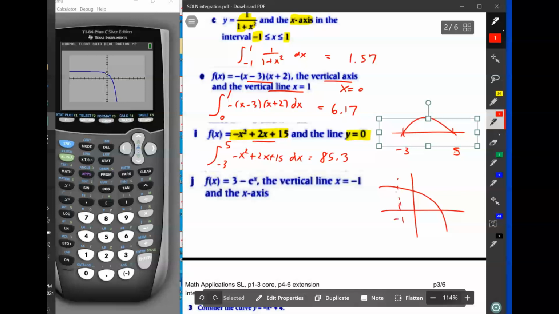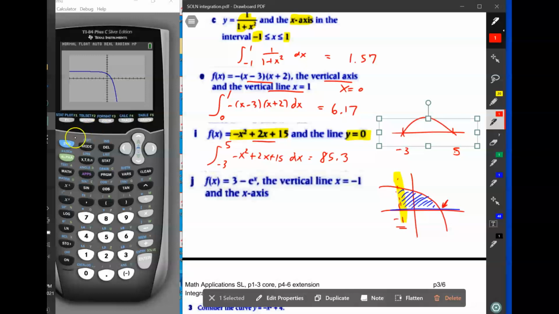So basically I want this area between x equals -1, which is this yellow line, the red curve, and the x-axis, which I'm going to draw in blue here. Okay, so all these are considered as borders, and the shape we're left with is here. So basically it's going to be between the left edge, x equals -1, and then this x-intercept here. We need to find out that x-intercept.